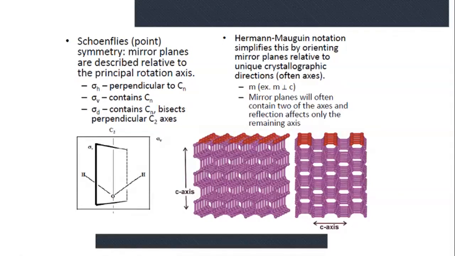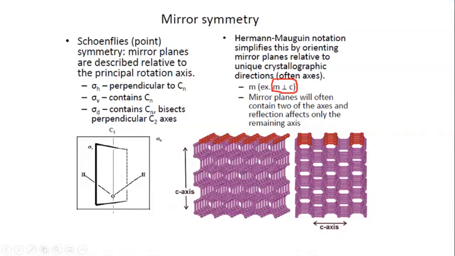So instead of saying a mirror plane, you would say, for example, an A glide perpendicular to C. The perpendicular to C means that you make the C negative and you translate along the A. So we'll talk about that a little bit later on. But for Hermann-Mauguin, this is the notation that we use for mirror planes. We say mirror plane perpendicular to some axis.